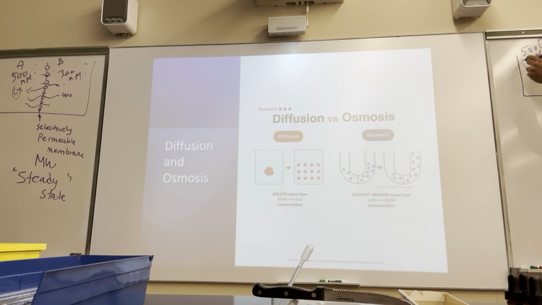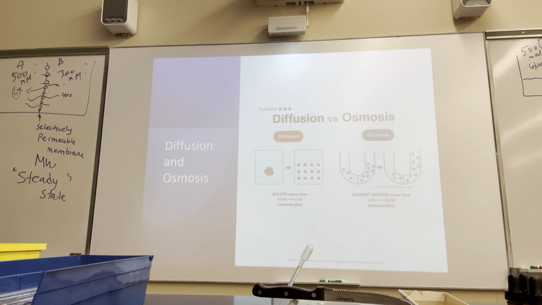So you're going to start with two solutions like this, where you have 500 millimoles of glucose dissolved in water, and 300 millimoles of glucose dissolved in water. But glucose cannot move, but there's still an osmotic pressure, meaning that there's a disparity and inequality of solute particles.